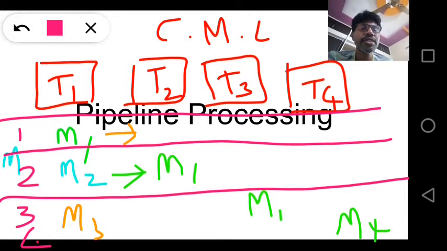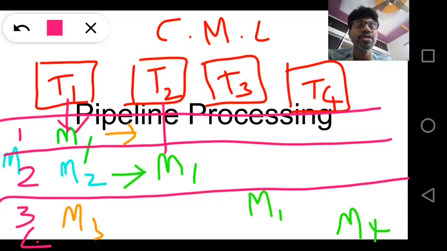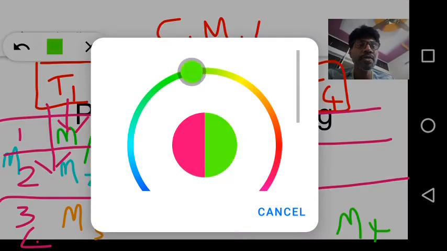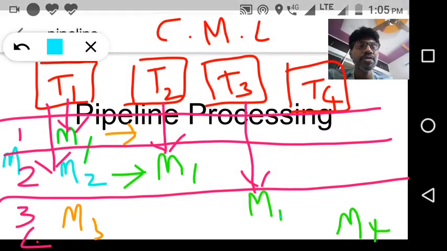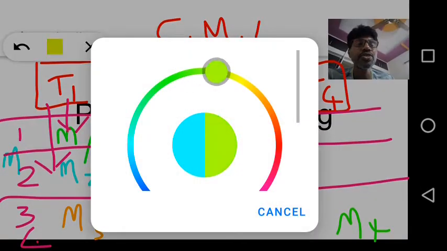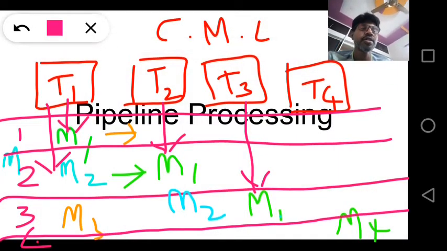Likewise, when T3 is doing M1, T2 is doing M2 and T3 is doing M3. This is the process.